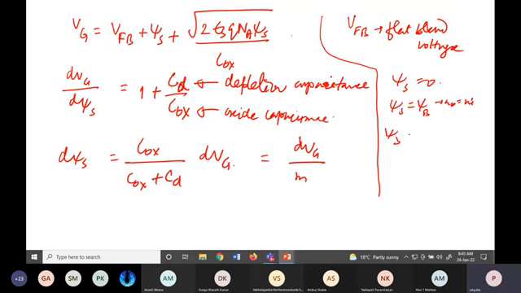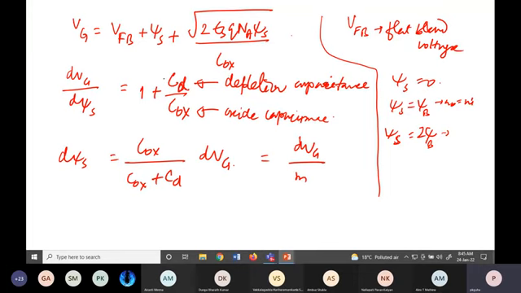When psi s equals 2 psi b, then it becomes n type. The way we define threshold voltage, psi s equal to 2 phi b, then this p type substrate becomes n type, right?